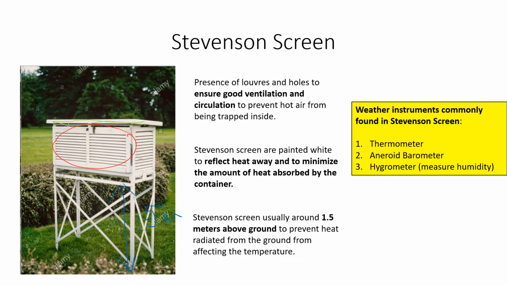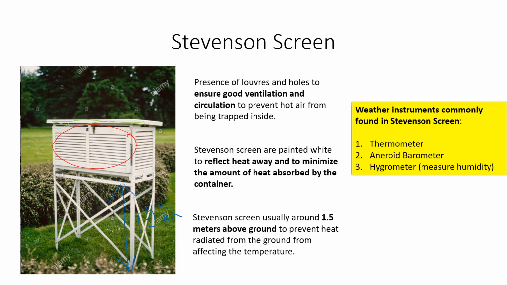So what are the instruments commonly found in a Stevenson screen? They will be the thermometer, aneroid barometer, and the hygrometer, which is an instrument used to measure humidity. So in summary, the Stevenson screen is used to collect temperature, air pressure, and humidity data accurately by preventing precipitation or direct sunlight from influencing the accuracy.